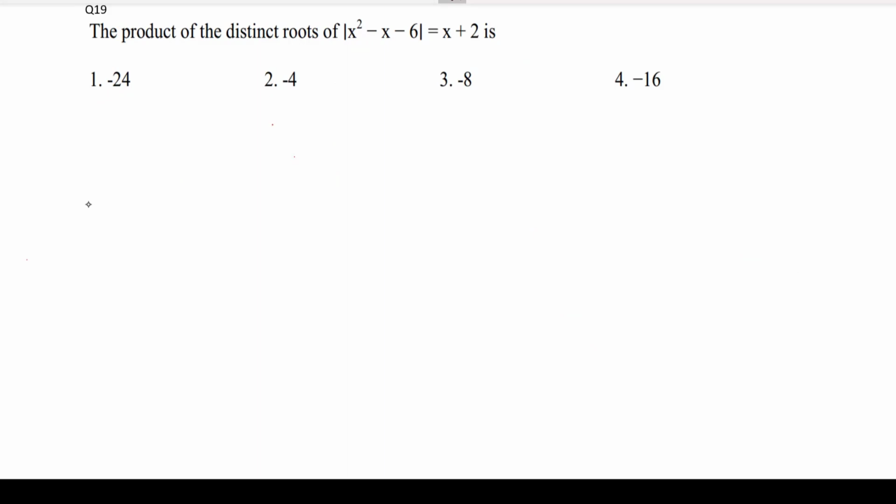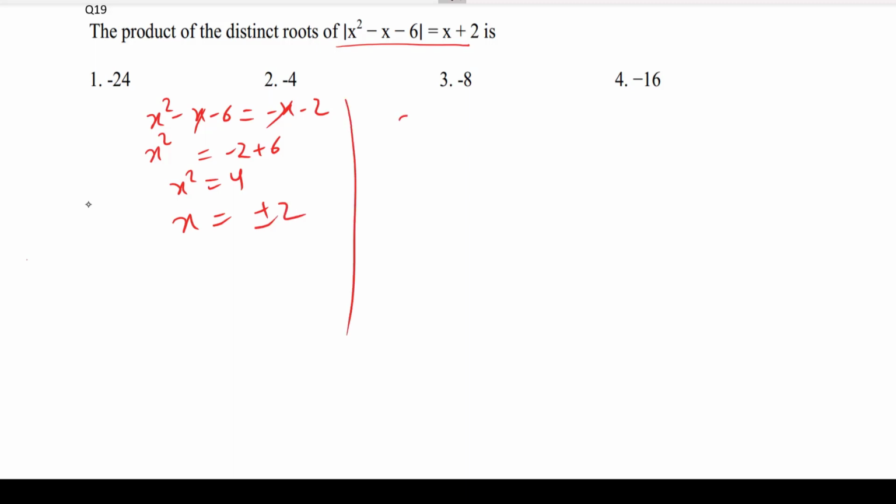Question number 19. The product of distinct roots of the given equation is. So we need to find the distinct roots and then their product. For the mod, first we will take this, and x square minus x will be cancelled, minus 2 plus 6, x square equals 4. We will get two values of x.